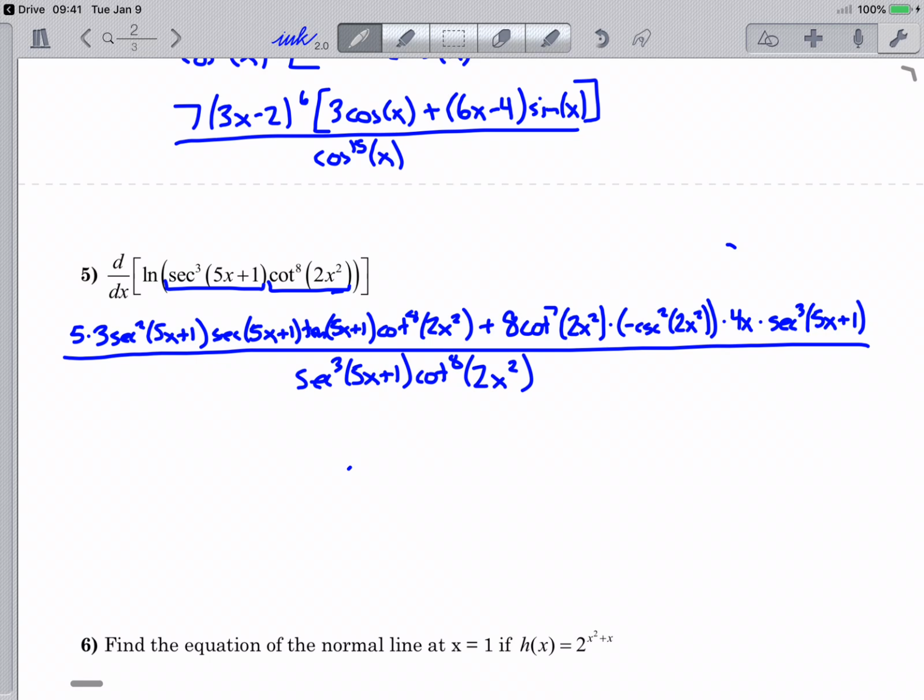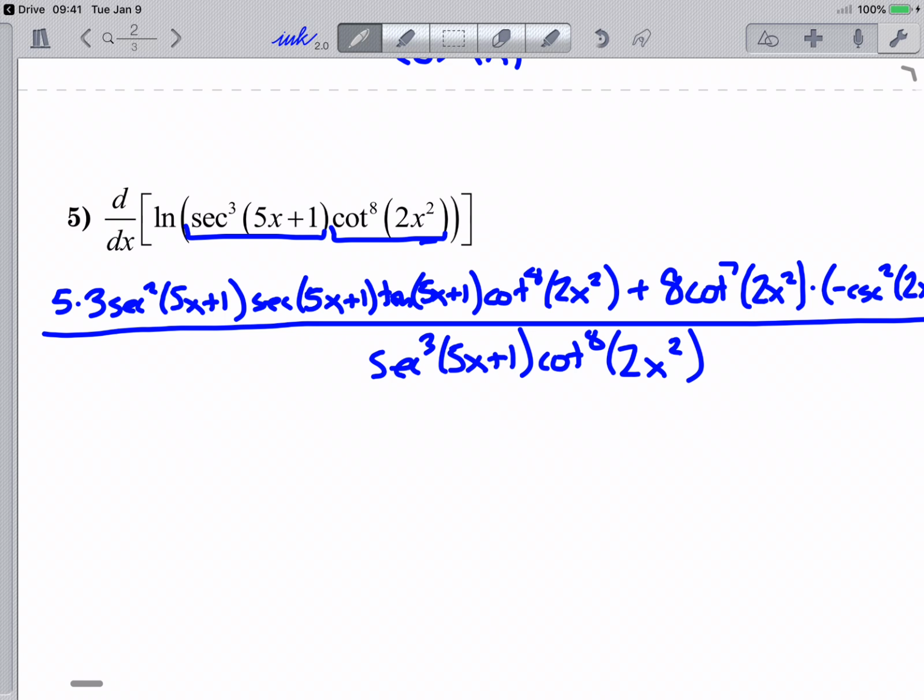What do I see? Well, I've got secant cubed in both terms. Luckily, I chose something that the coefficients have nothing in common, or unluckily. I don't know which is better. So I've got secant cubed in both terms, so I can factor out a secant cubed 5x plus 1.